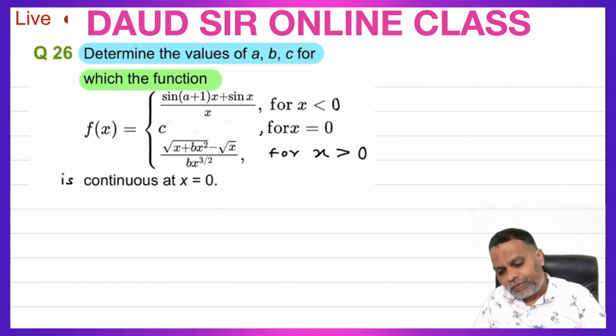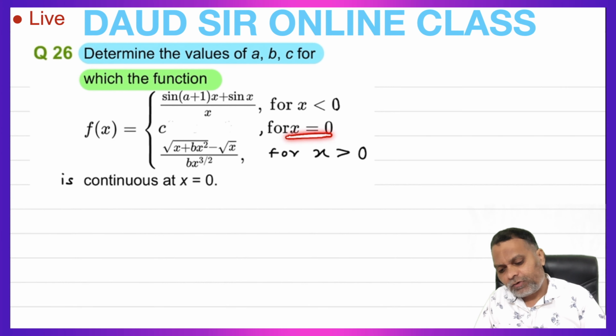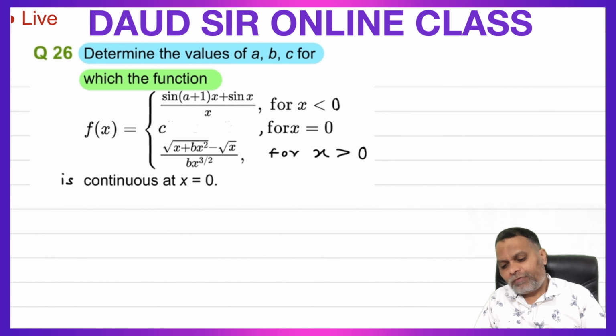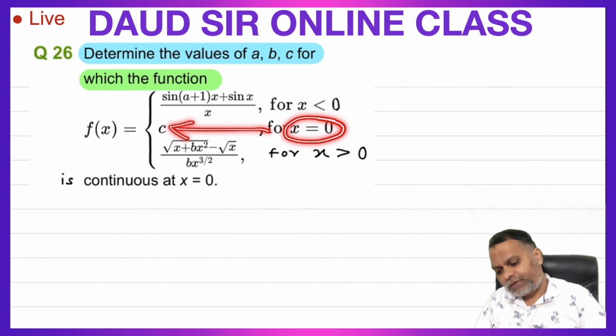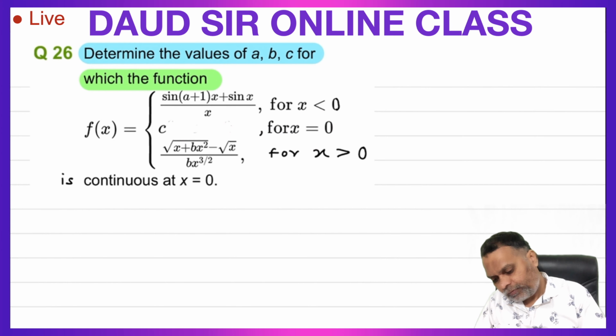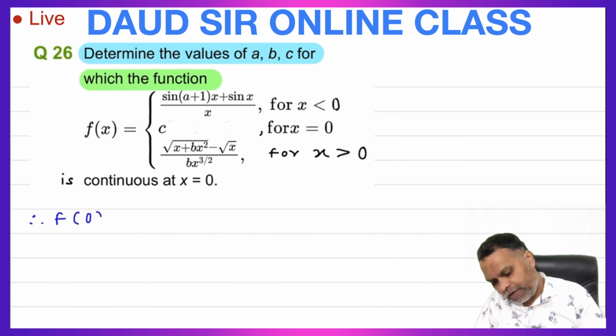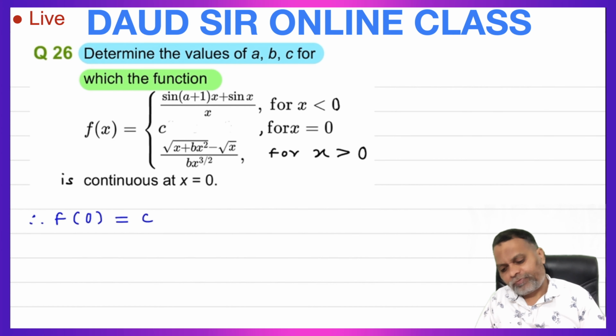So this function is defined for x is equal to 0. The value of the function at x is equal to 0 is given as c. Therefore, f of 0 is equal to c. Now, calculate the left hand limit for x is less than 0 and the right hand limit for x is greater than 0.